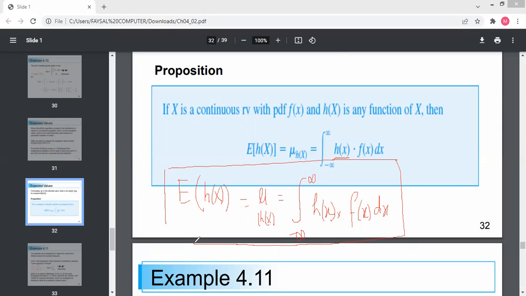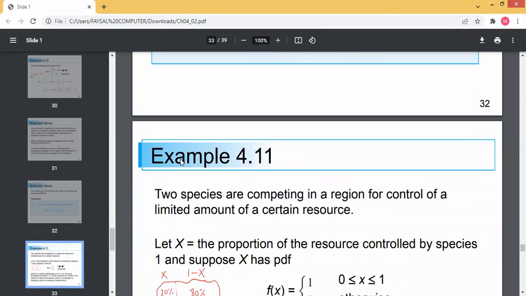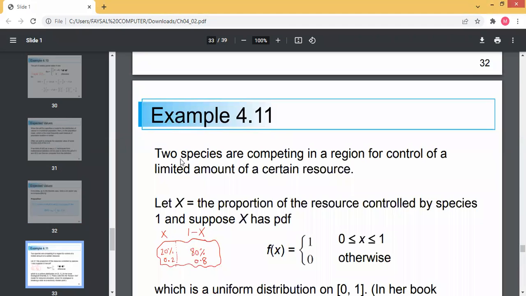Now moving towards example 4.11. Two species are competing in a region for control of a limited amount of a certain resource.